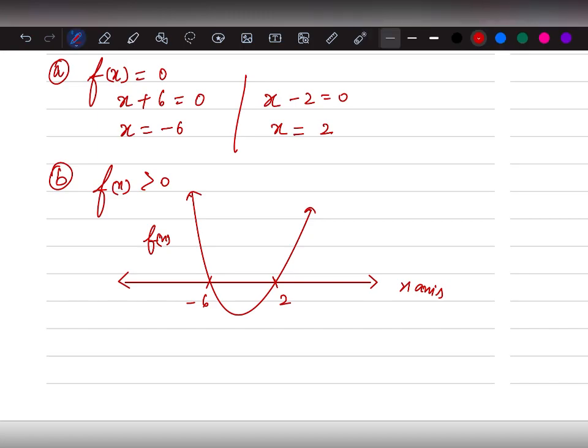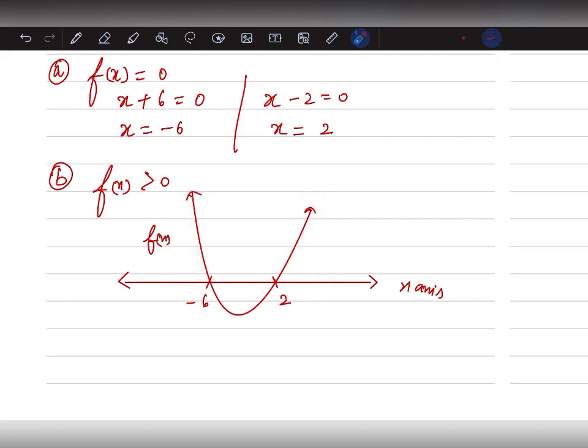We are finding right now in this question when f of x is greater than 0, or positive. For these values, my f of x is greater than 0, and of course for all these values later on, like after 2, my f of x is greater than 0.